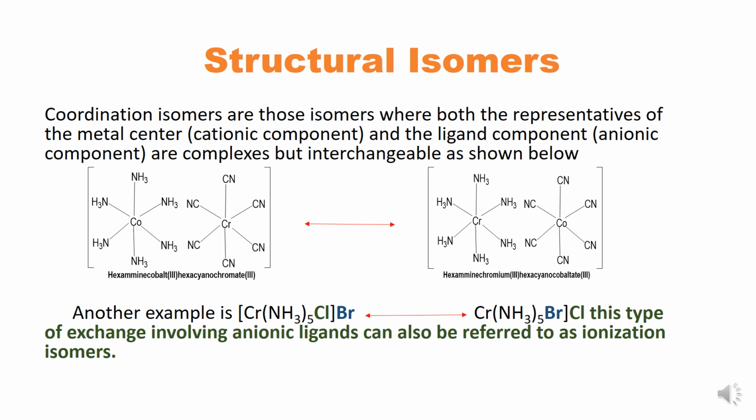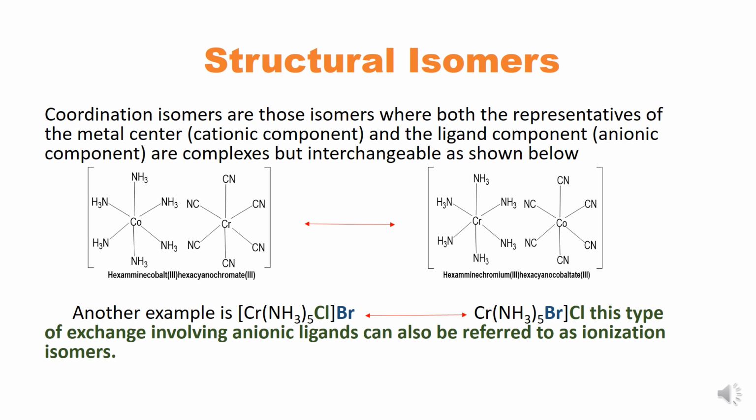Another typical example of coordination isomer is where you have 5 ammonia attached to chromium within the coordination hemisphere, where you also have chlorine. The bromide is outside, but in the second isomer, you see that the bromine has moved into the coordination sphere, as shown by the parenthesis, while the chloride has moved out to the ionization sphere.